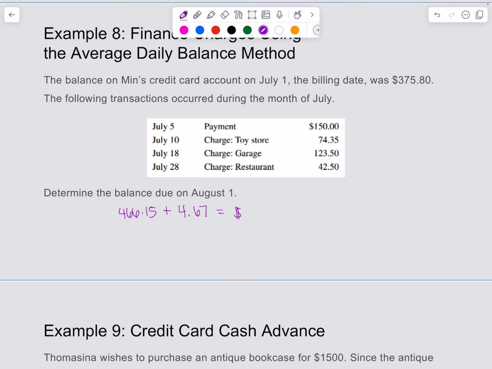Total, she's going to owe $470.82. And that's why they have so many credit cards that are so appealing, because it's really easy for them to charge you interest on these purchases and make money off of you spending your money.